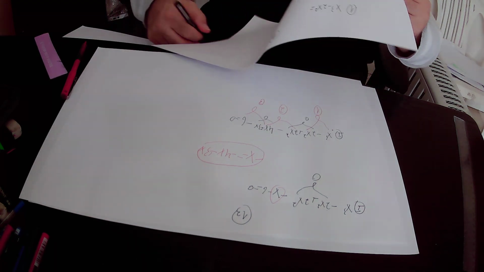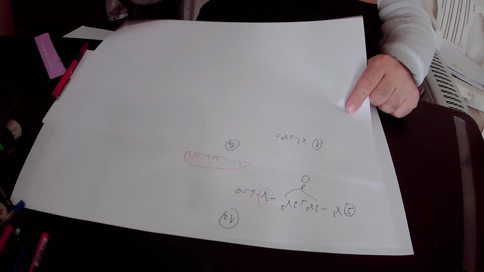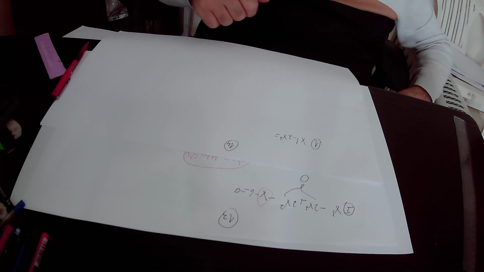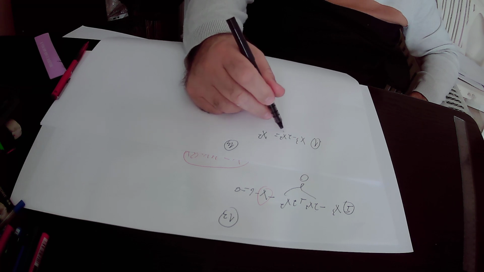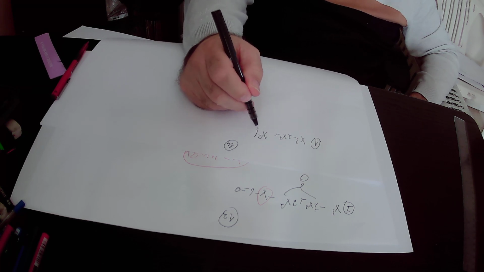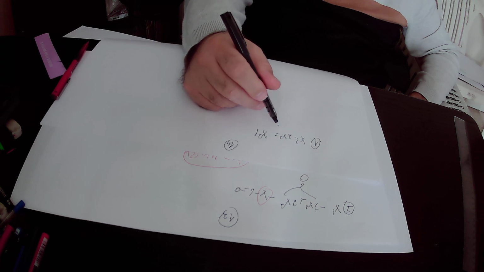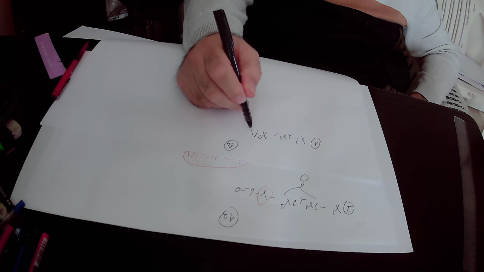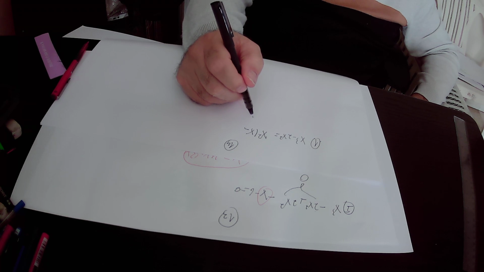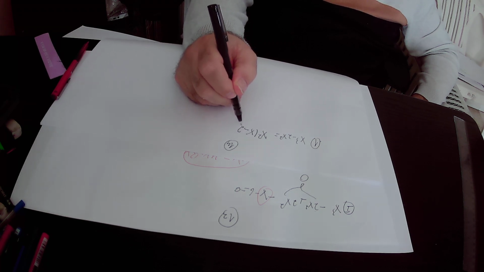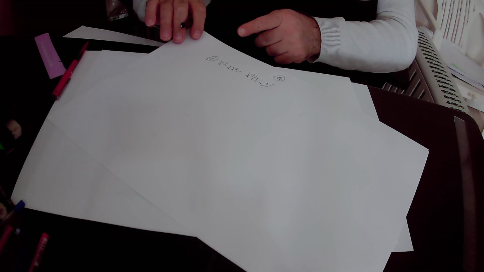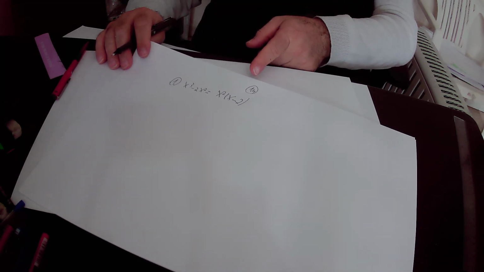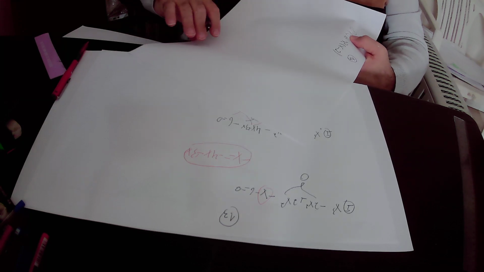We take x squared as a common factor of this expression, and inside the brackets what will be left from x cubed is x, and from minus 2x squared what is left is minus 2. So in total we got this expression, that x cubed minus 2x squared equals x squared times x minus 2.